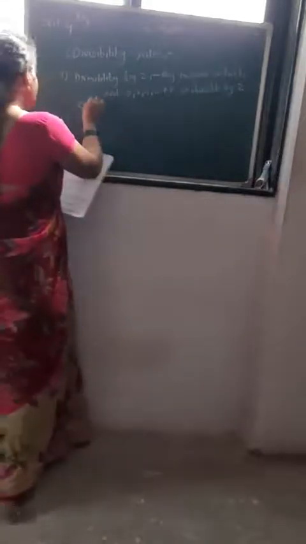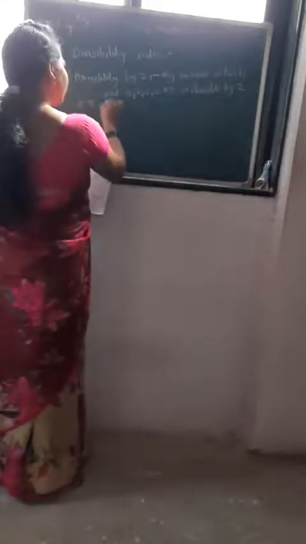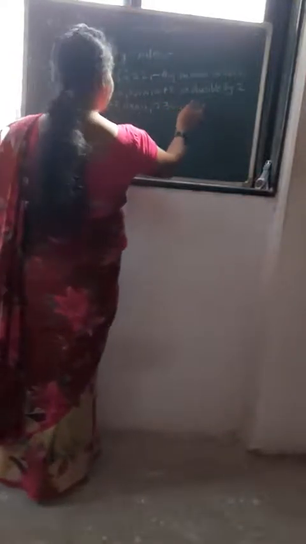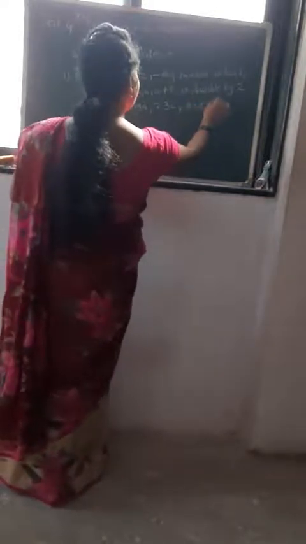Examples: 10, 22, 194, 236, 538. Observe these numbers end with 0, 2, 4, 6, 8. Then these are divisible by 2.